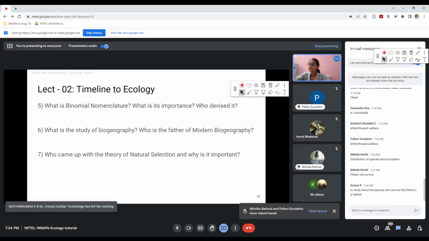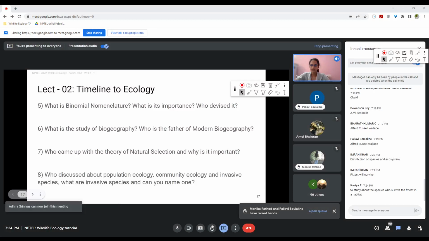Alright, so the last one is, do you know who discussed population ecology, community ecology and invasive species? Do you know who's the scientist behind this? Any guesses? You can use the chat. No one?